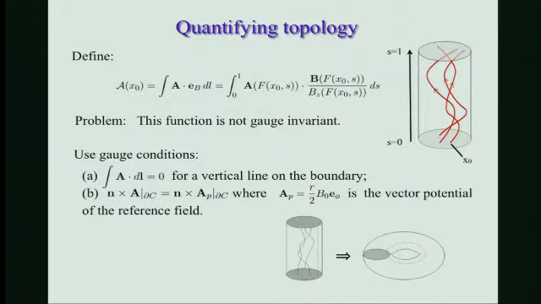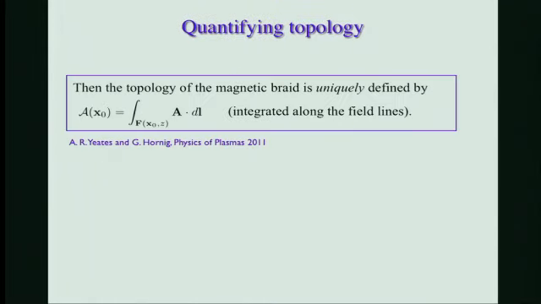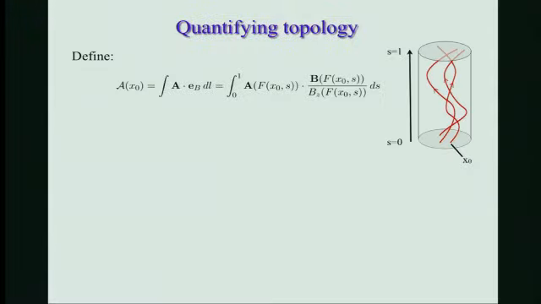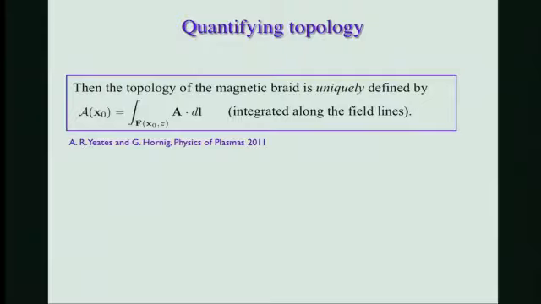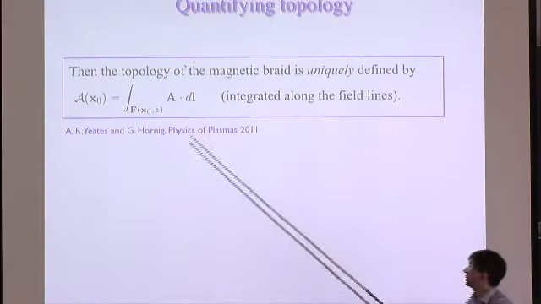I'll give a motivation for this in a second. But with these two conditions, one can show that the topology of the magnetic braid is uniquely defined by this generalized flux function.